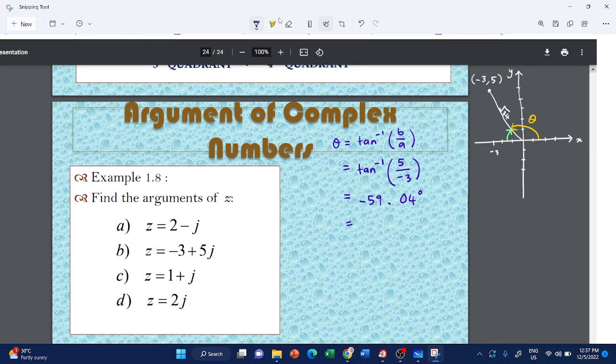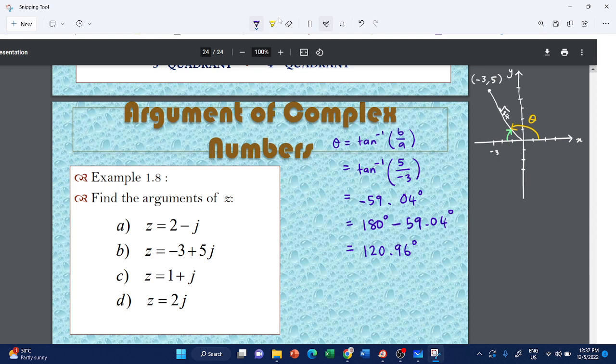So 180 minus 59.04, you will get 120.96. So in the negative direction, the answer will be negative 59.04 degrees.